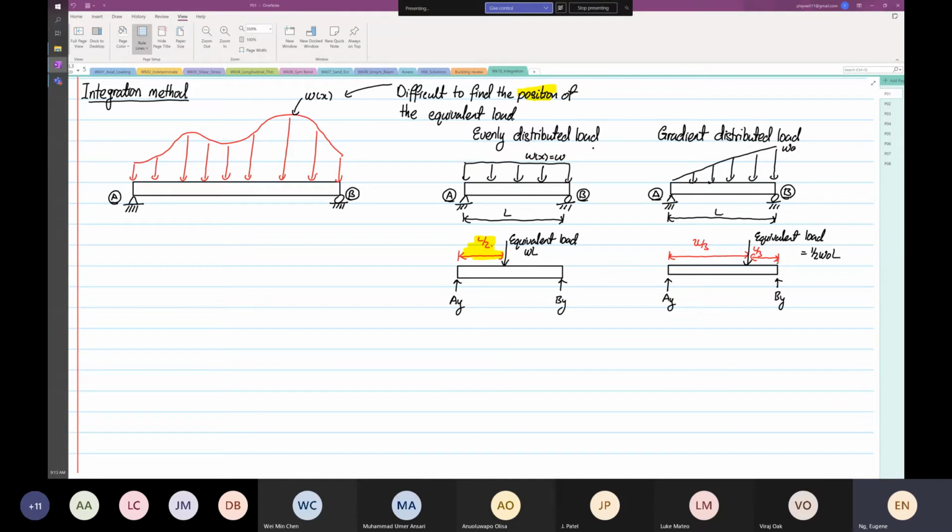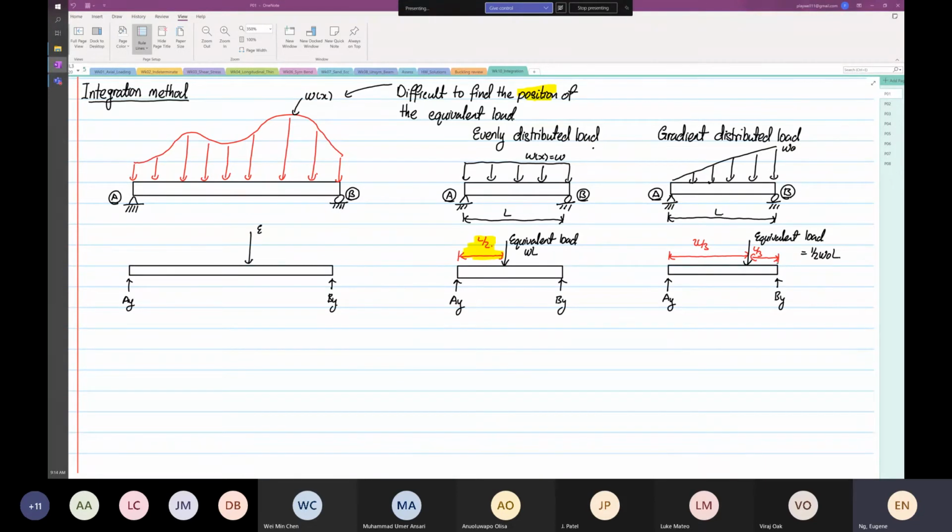So for this case, I'm going to do the exact same thing. You found a function already. So now to solve this problem, we want to find what is our AY, and we also want to identify where is our BY. Then we find our equivalent load.